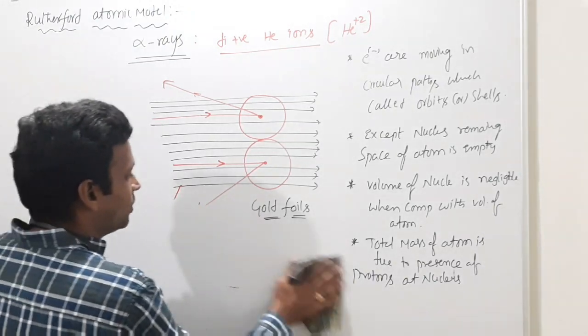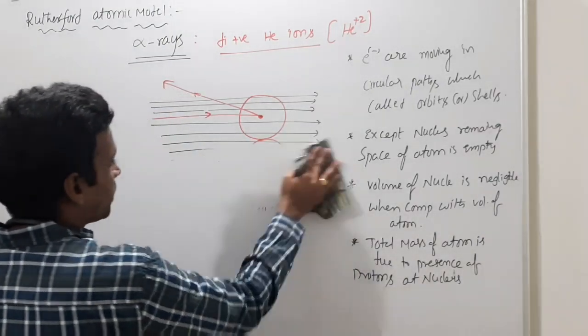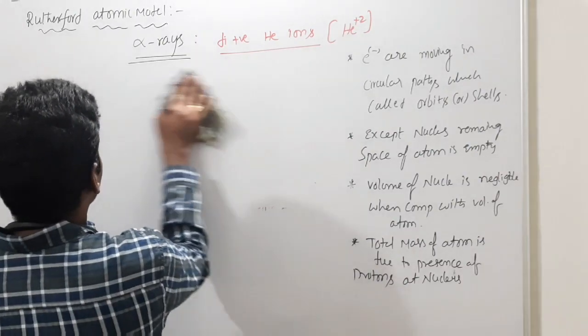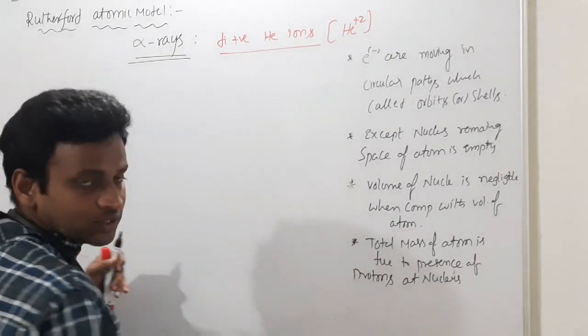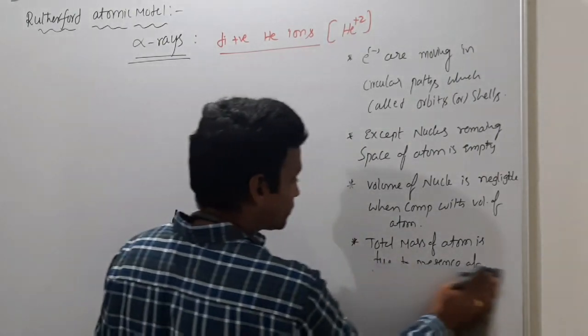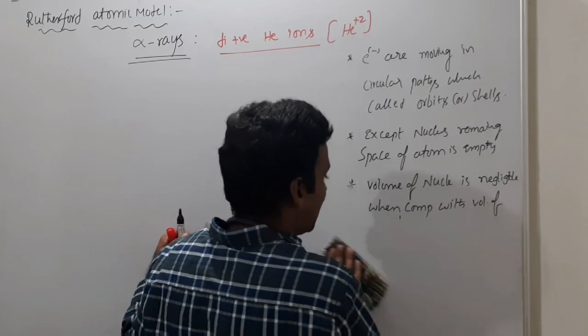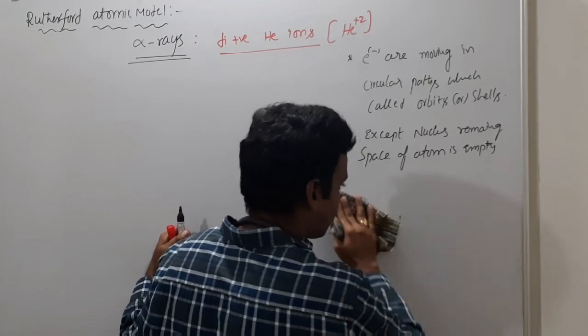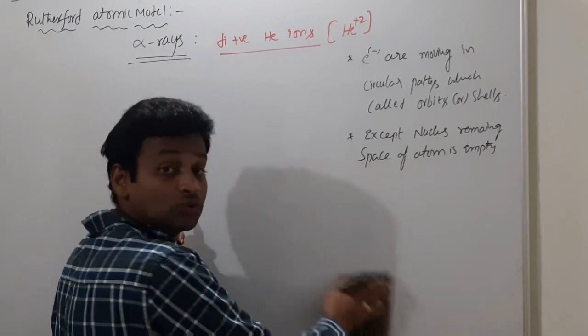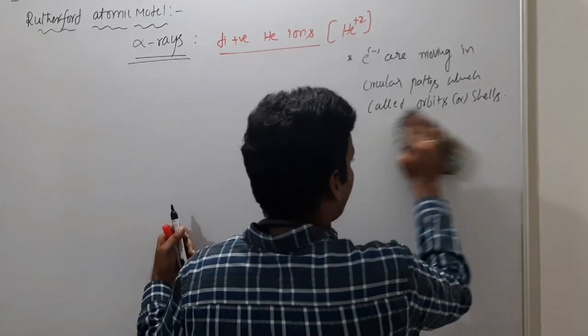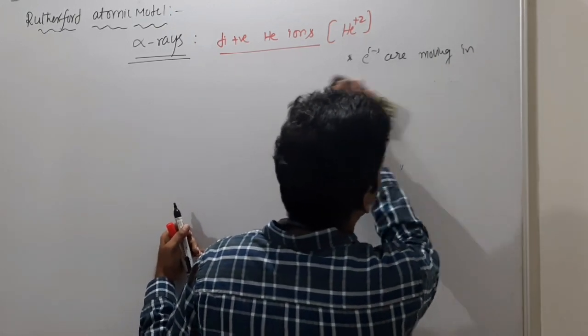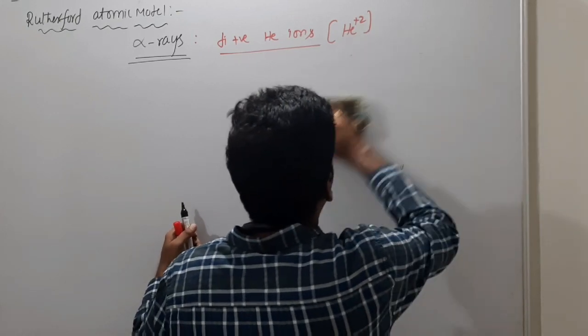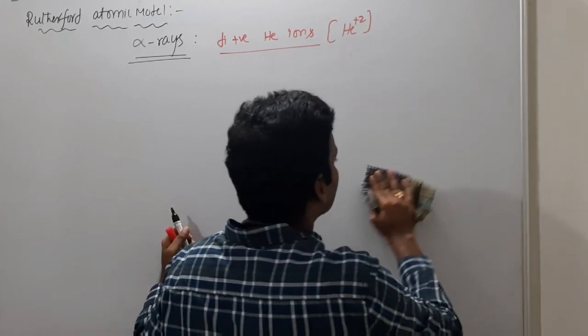Okay, so you have some clarity now, I think. The atom consists of negative charge around the nucleus, and positive charge at the nucleus, and the positive charge is due to the presence of protons, but the mass is due to both protons and neutrons. And one more thing, he said, except the nucleus, the remaining space is empty.